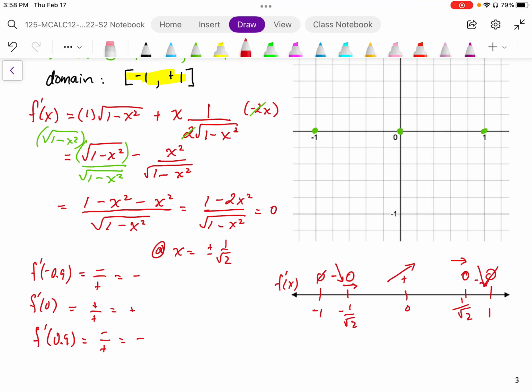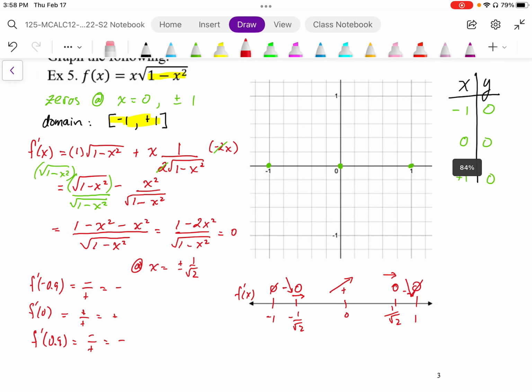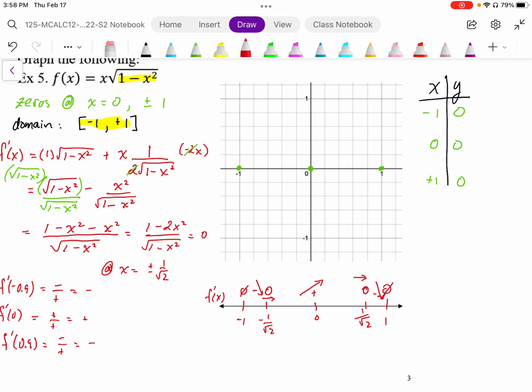Okay, so I've got a pretty good idea what this graph looks like. I'm going to put in my coordinates. I've got my x-axis coordinates in here. I'm going to plug in -1 over root 2 and +1 over root 2 as well, because those look like my local min and max points. Plugging that into f of x, I get -1 over root 2. When I plug it in inside the square root function, I get 1 over root 2 squared is 1/2.